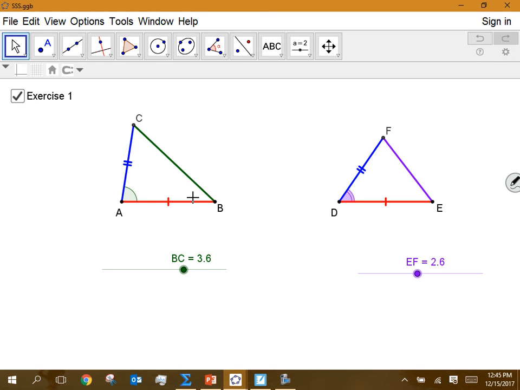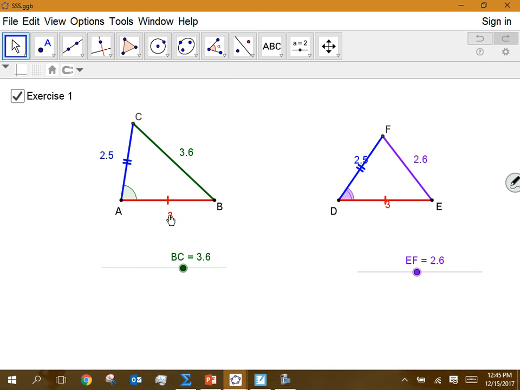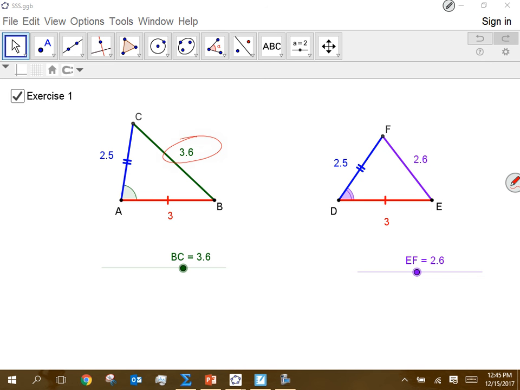So if I look at all those sides, we see 2.53, 2.53, and now we see 3.6 and 2.6, right? We have information about all three sides. And we know that this side is bigger than that side, right?